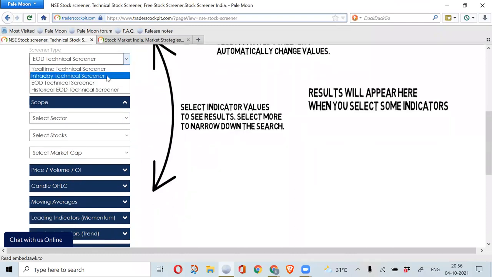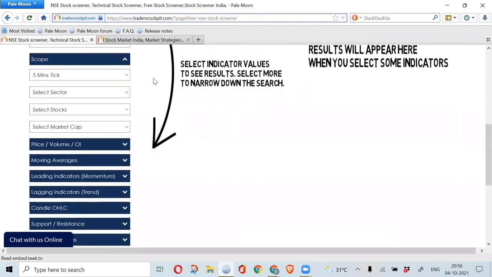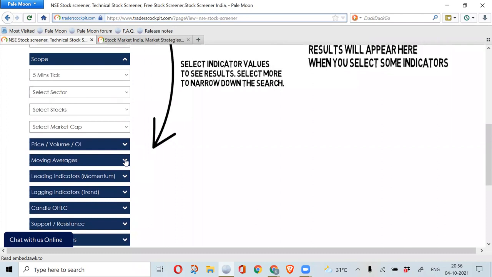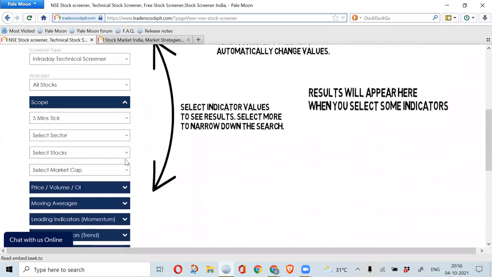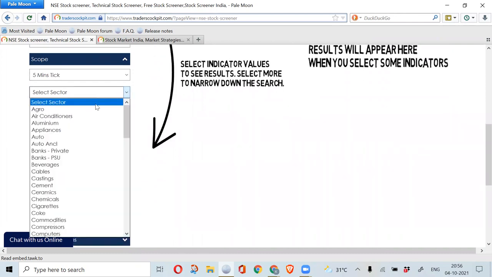First, for our convenience, we shall select the intraday technical screener. And then I request you to go through each and every column in this dashboard so that you can understand what options are available. Now I will give you a brief of the options. You can differentiate based on the sector. You see the agro sector, auto sector, bank sector, cement sector.